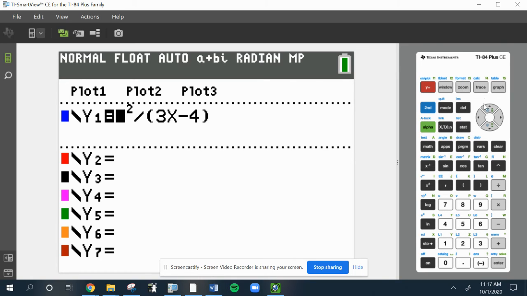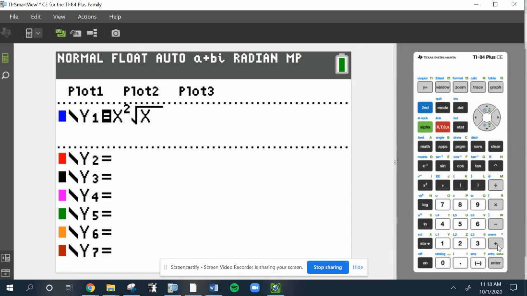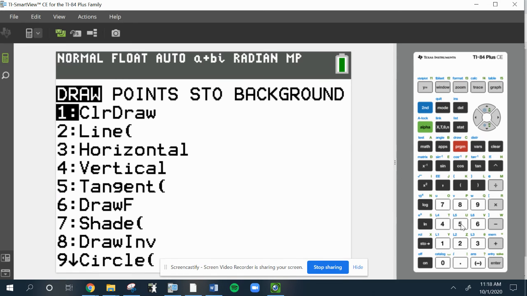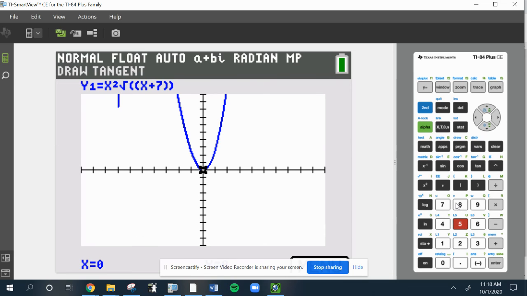Which was x squared times the square root of x plus 7, graph it, tell your calculator to draw, so second draw, 5 for tangent, and then x equals, we want to do negative 3.